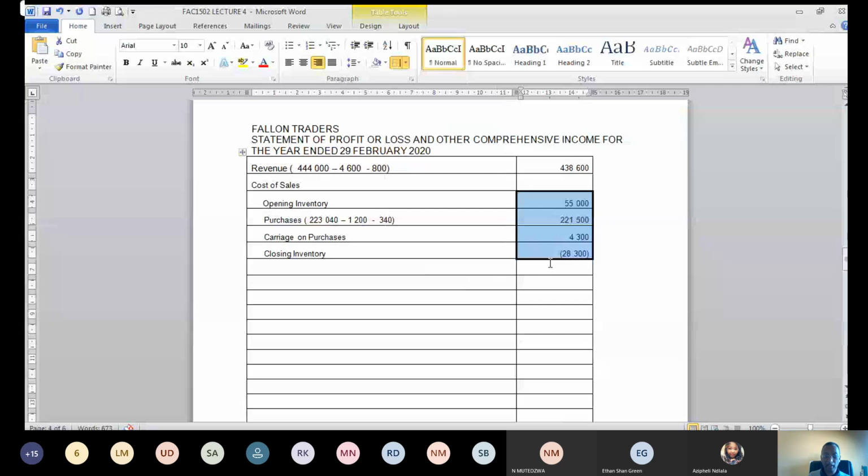You block that, calculate it, and you will get your cost of sales amount: 55,000 plus 221,500 plus the 4,300 of carriage on purchases minus the closing inventory of 28,300 Rand, and that will give you a cost of sales amount of 252,500.